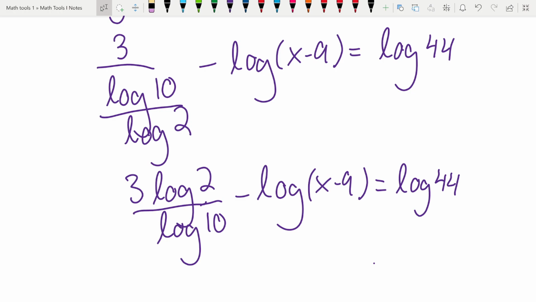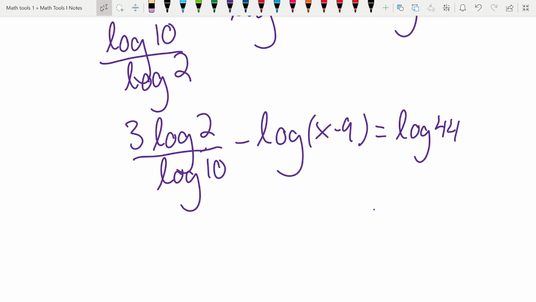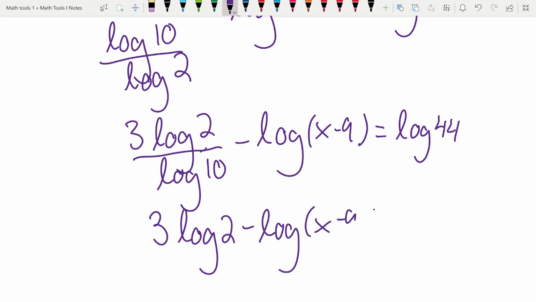So that's important information here, because the easiest way to do this would now be to say, okay, this bottom one, log base 10, that's just 1. So this is going to be 3 log base 2. So that denominator goes away, which is going to make the problem a lot simpler.